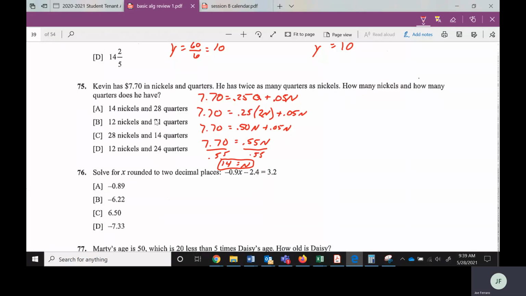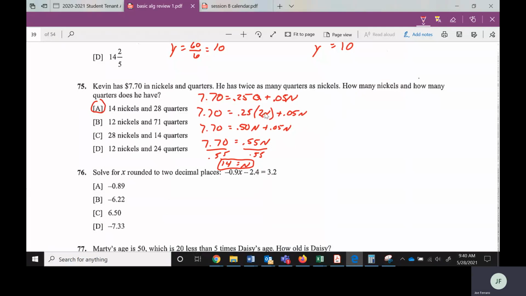Okay, so now if we look here, if we really think we did that right, only one of these answers has 14 listed as nickels, so this probably should be it. Otherwise, the last step is to figure out how many quarters it should be. If there were two choices that had 14 nickels and different amounts of quarters, we would just look at the sentence again. It says they have twice as many quarters as nickels.